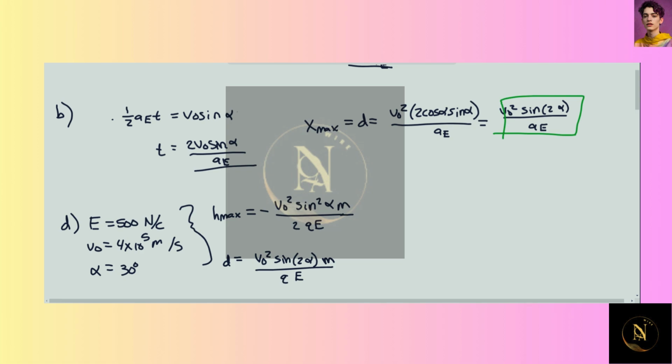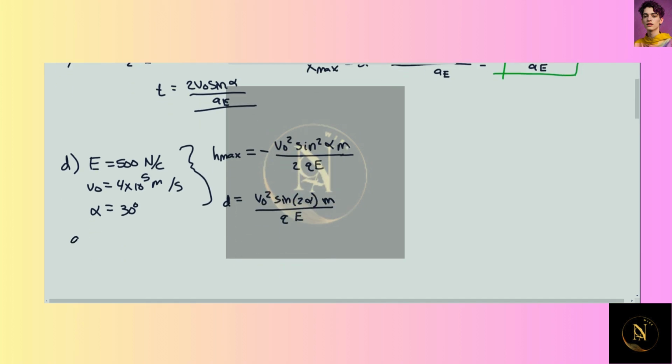And if you plug in each of the values, and if you know that the charge of the proton, q, is equal to 1.602 times 10 to the negative 19 coulombs, roughly, and the mass of the proton is approximately equal to 1.673 times 10 to the minus 27 kilograms.